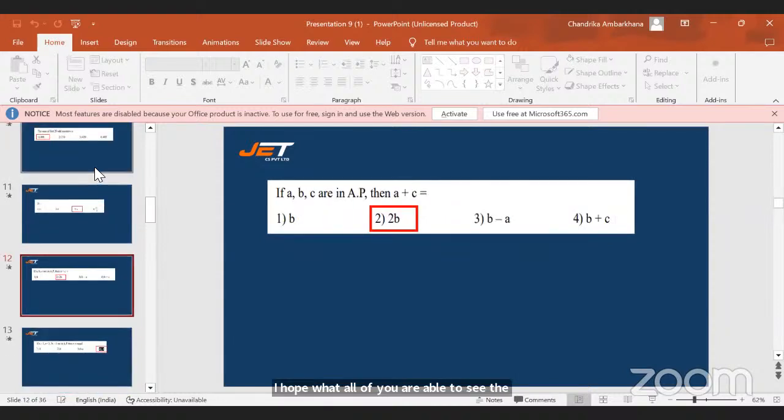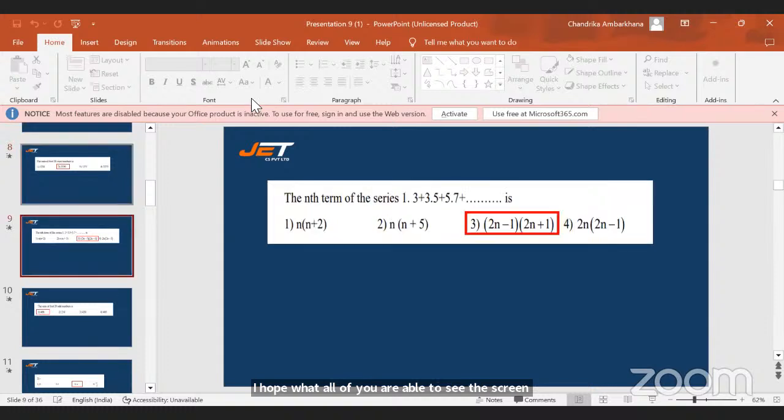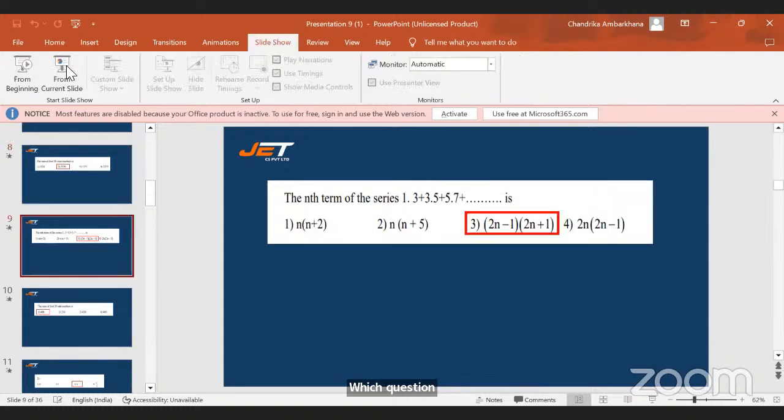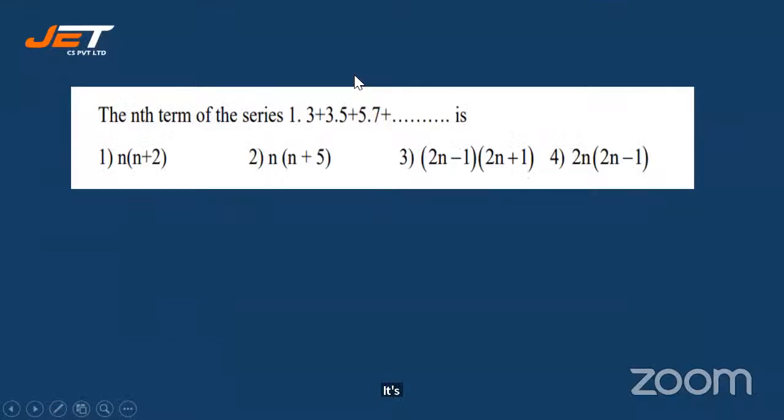Which question? Yes, students, direct your answers to me.